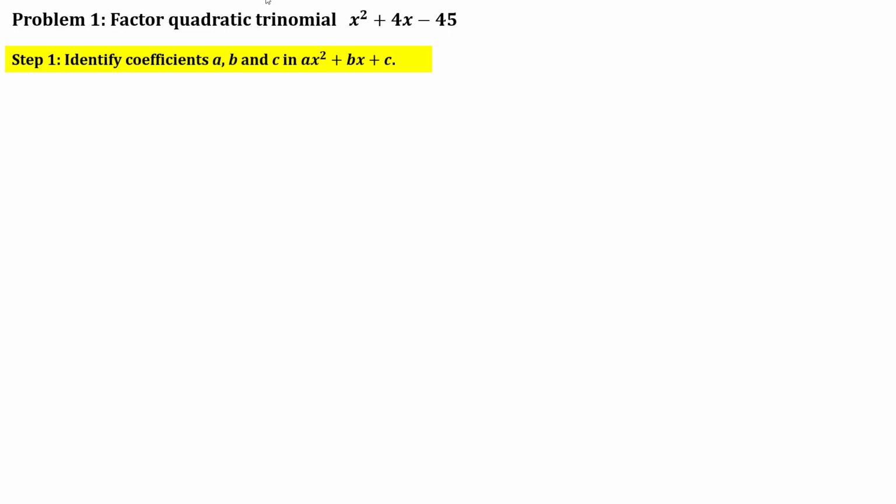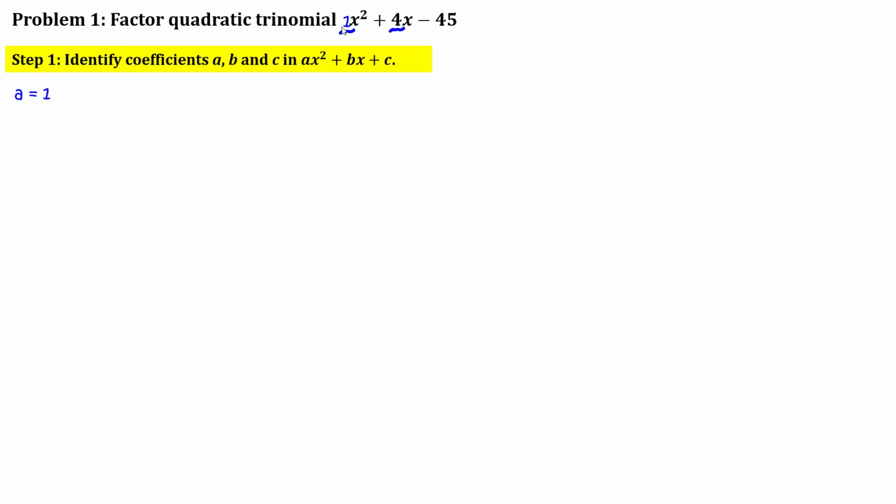Step 1, if you think of this as ax squared plus bx plus c, we want to identify the coefficients a, b, and c. So a is the number multiplying x squared. Because there's nothing multiplying x squared, we know it's not 0, it's really 1. So 1 times x squared. So a is 1.